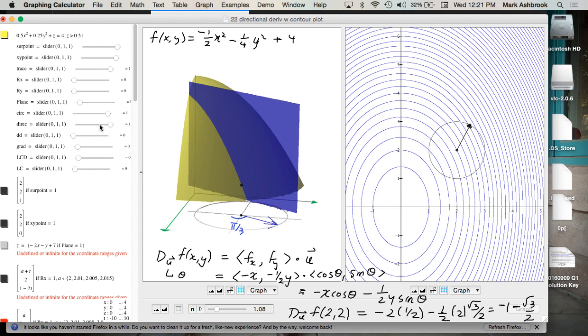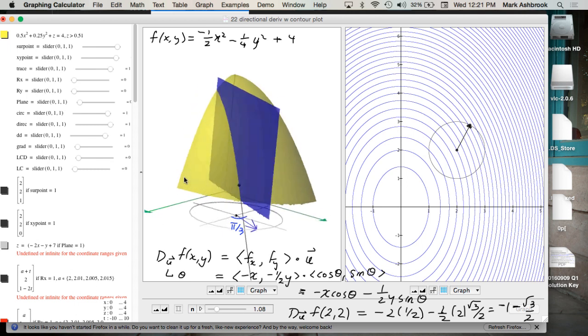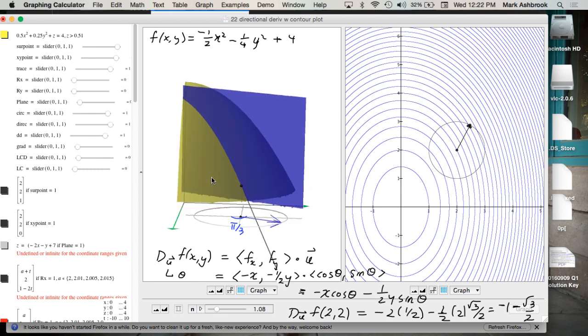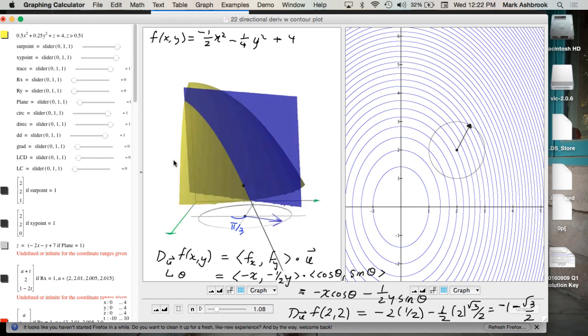So that's showing it also. So we just found this rate of change in the direction of pi over 3 of the surface F. Okay, so does the basic premise make sense?